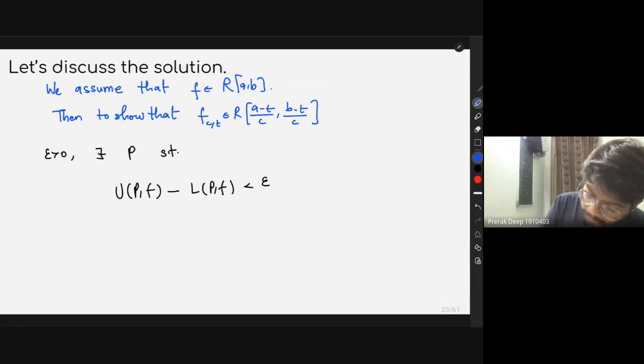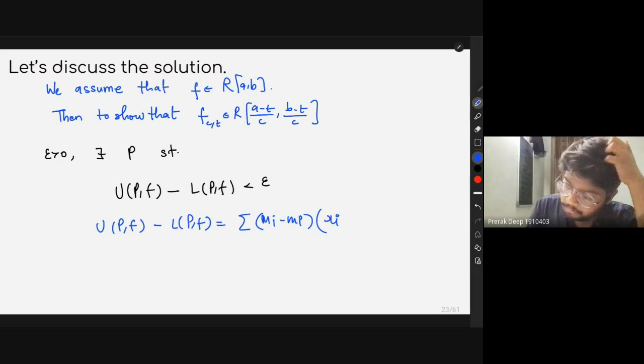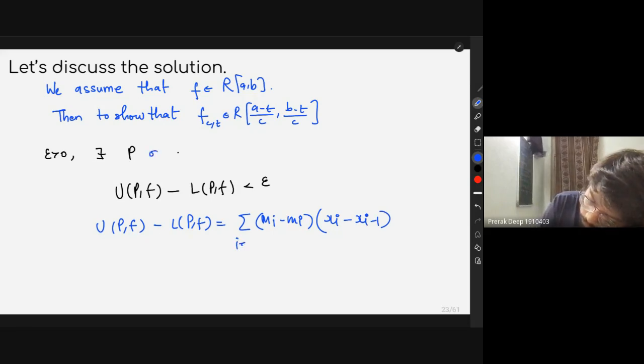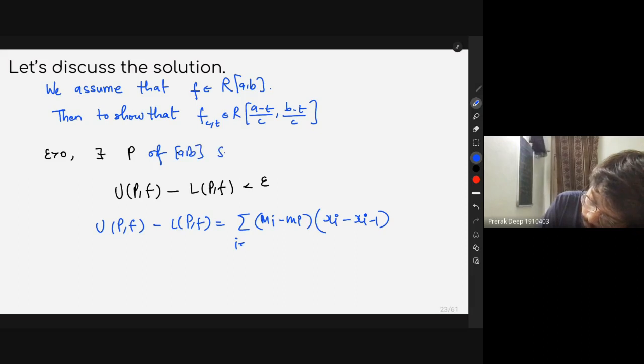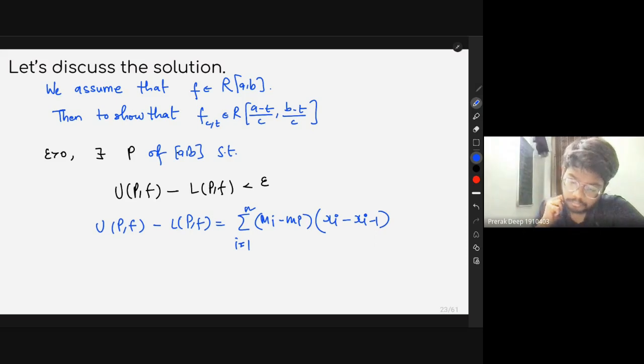In particular, what is U(P, f) minus L(P, f)? It is the sum of (M_i minus m_i) times (x_i minus x_{i-1}), where P is a partition of [a, b], important to note, and i goes from 1 to n. Now the claim is that this partition can also be made a partition of the other interval.